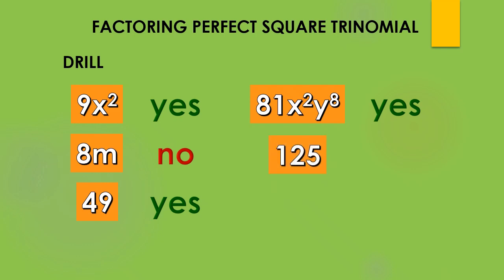125. Is 125 a perfect square number? The answer is no. It is not a perfect square number because 125 is a cube number. It is a perfect cube number. So 125 is the cube of 5.